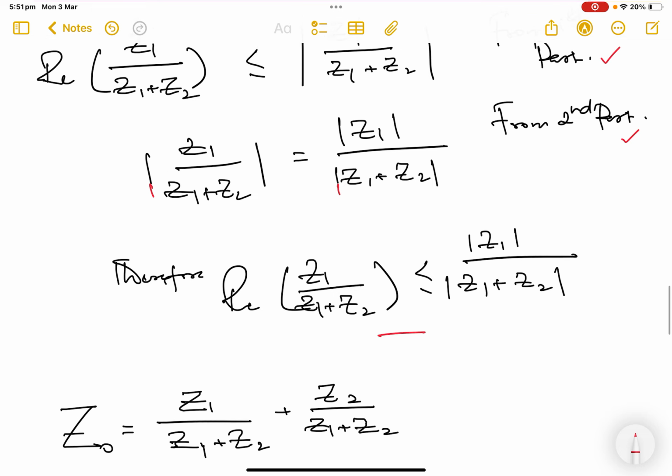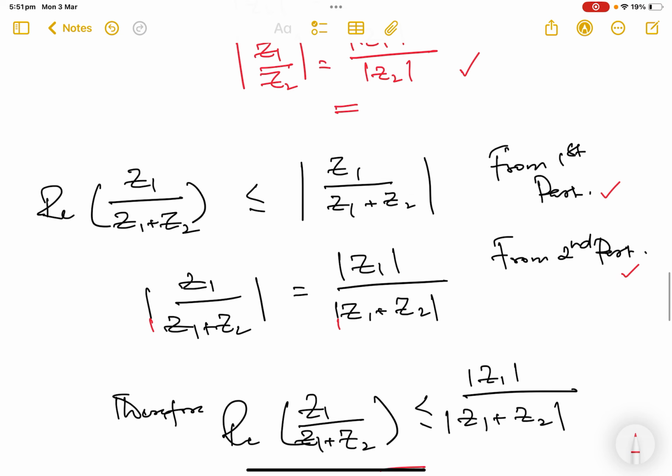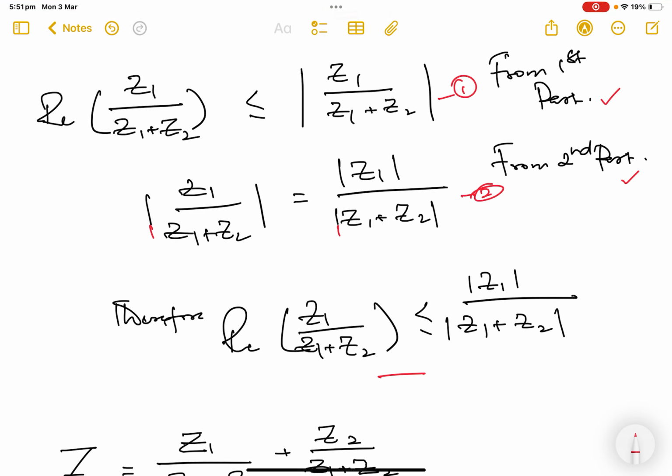Therefore, the real part of Z1 over Z1 plus Z2, as we said before, we could call it equation one and this equation two. From one, the real part of Z1 over Z1 plus Z2 is less than or equal to the modulus of the whole thing.